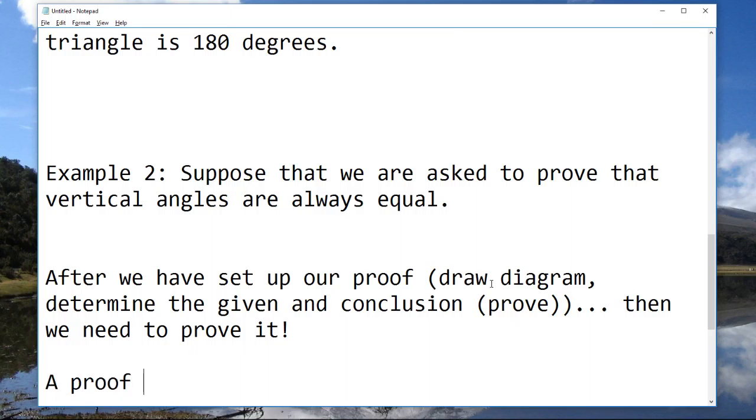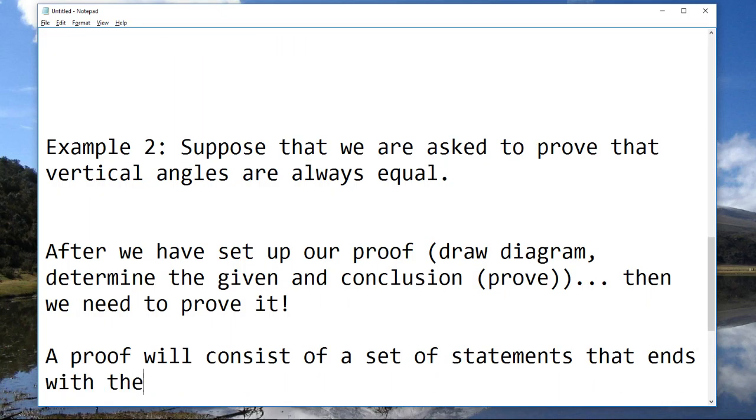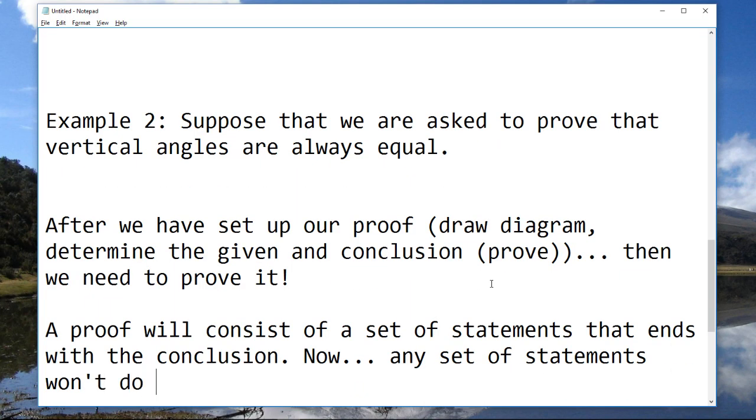A proof means that it'll be made up of a set of statements that ends with the conclusion. Now, any set of statements won't do. We need to use a specific set of statements. We need to start with our given and make a bunch of statements that are all true, that going from one statement to the next lead to our proof.